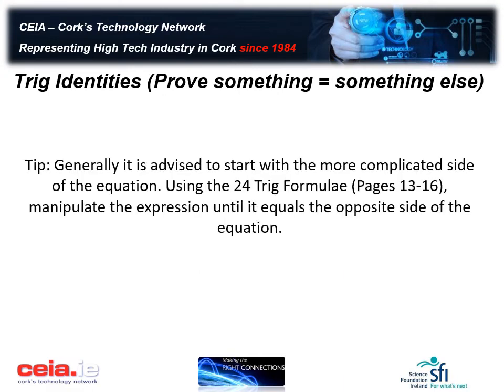A tip that I got from one of the revision books was generally it's advised to start with the more complicated side of the equation and use your formula on pages 13 to 16 to manipulate the expression until it equals the opposite side of the equation.